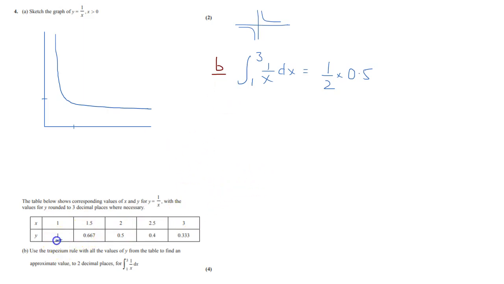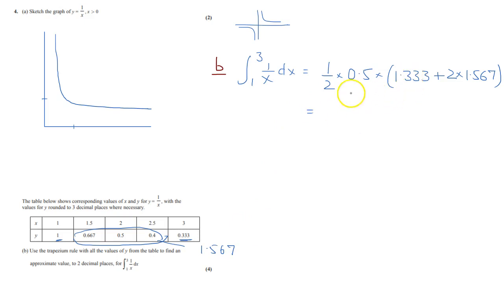Then the two extreme values, multiplied by 1 plus 0.33, so it is 1.333, plus you add the inner values, so 2 multiplied by 1.567. If you add this, you will get 1.567.